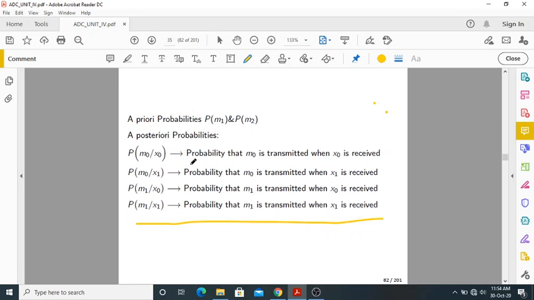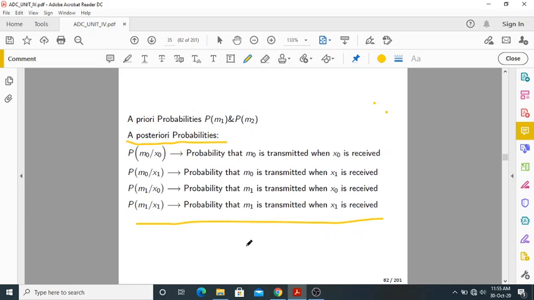The difference is, probability of m0 given x0 means the probability that m0 is transmitted when x0 is received. In the same way, you can define the remaining 3 conditional probabilities. They are called a posteriori probabilities.